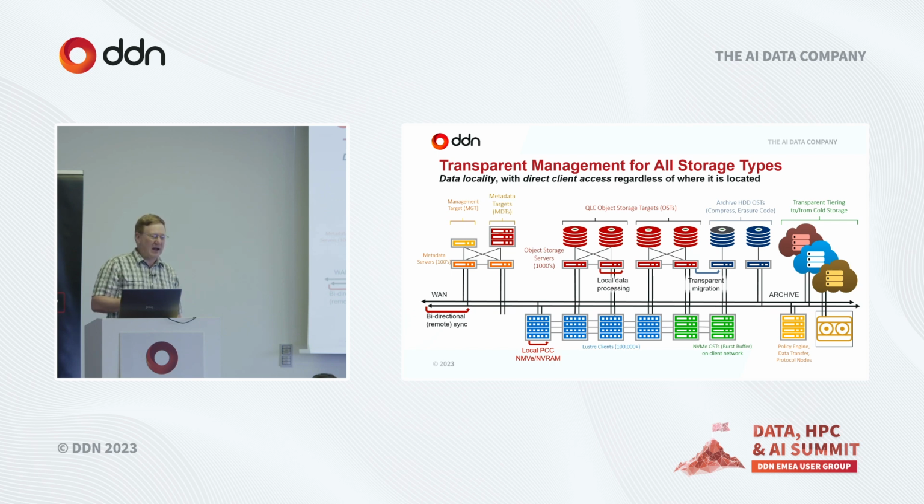But we can have HDD OSTs with compression, soon in the future erasure coding, QLC OSTs, NVMe dedicated OSTs, archive to tape if you really need it, scaling clients, tens of thousands, up to hundreds of thousands of clients.